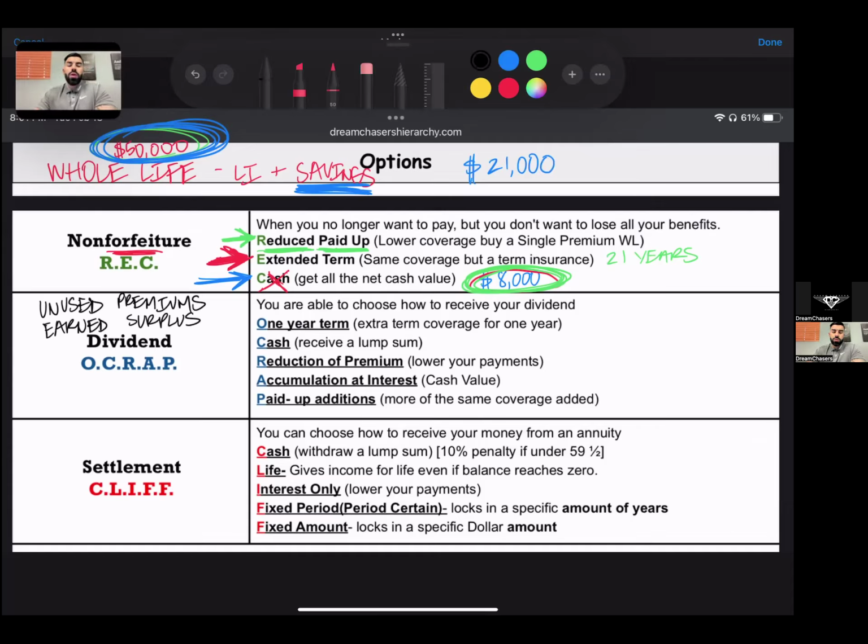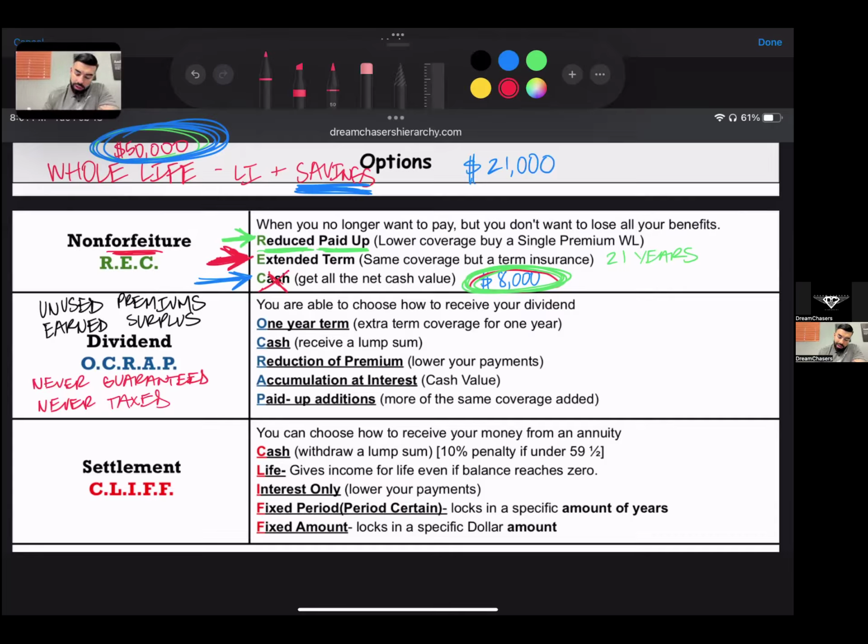So one thing also to remember about dividends is that dividends are never guaranteed, and they are never taxed. Okay. So what are the dividend options?